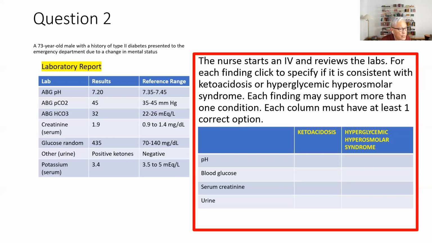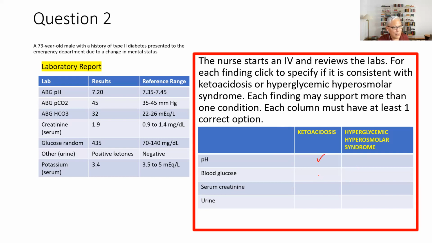As far as the pH, acidosis, do we have acidosis in patients with ketoacidosis? Yes, that's why it's ketoacidosis. Do you remember that we do not have this problem in hyperglycemic hyperosmolar syndrome?